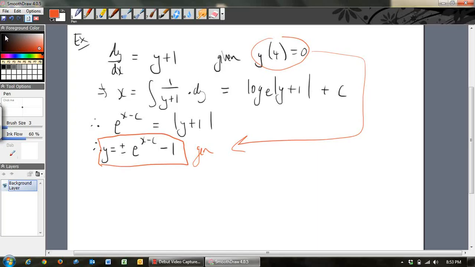Now I just want to show you something. Put the value in: y is equal to 0, so 0 is equal to plus or minus e to the x, where x is 4, minus c, minus 1. Now, can you see how this looks messy? For solving for c here, this is going to be horrible, so this doesn't help you very much.